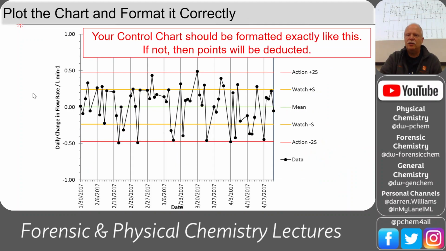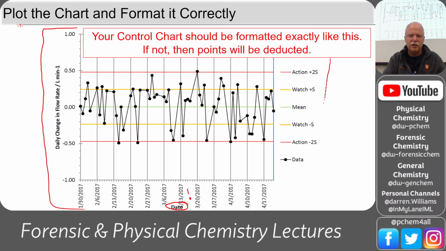All right, so your control chart should be formatted just like this, except for this little date collision down here. Okay, so fix that. And then notice I put in a little checkbox to not have a bounding box. Excel by default puts a box around the outside edge, okay, which is distracting. So this is the outside box that I'm talking about.